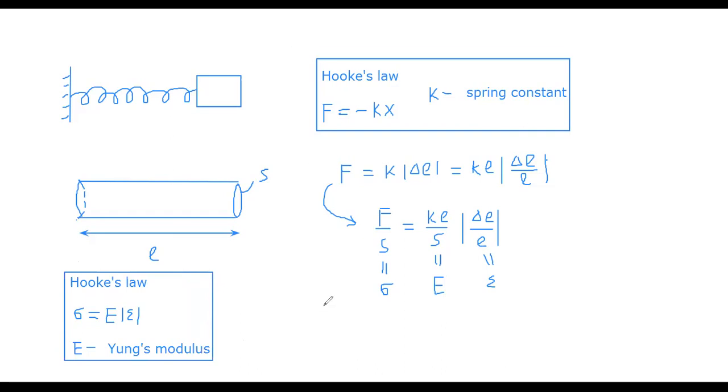And what is sigma? Sigma is tensile stress, a physical value known as tensile stress, and epsilon is also known as relative elongation or relative extension.